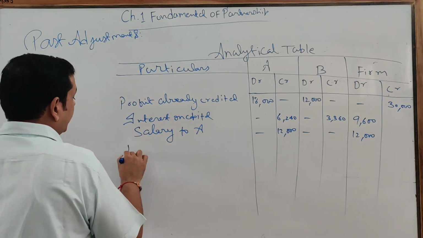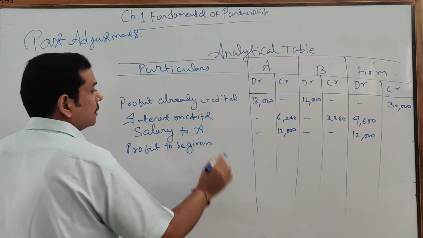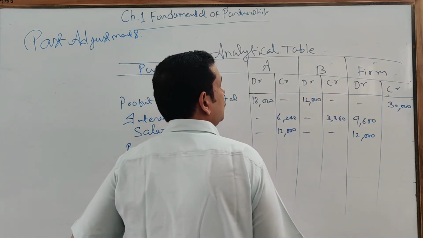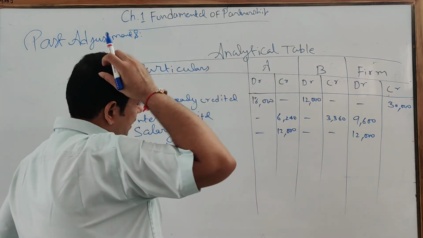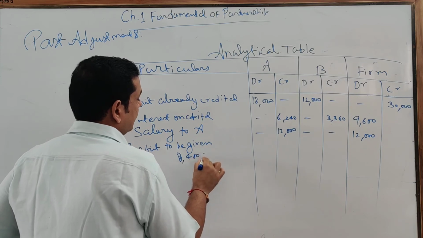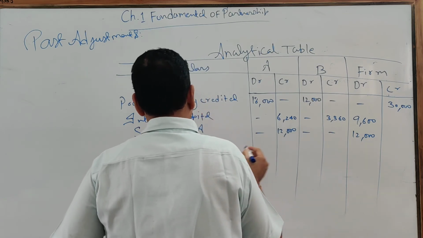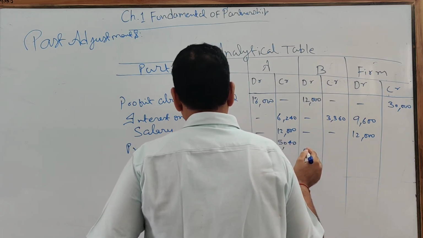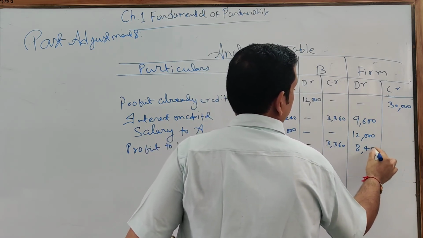Okay, now profit to be given. 30,000 minus 21,600 is 8,400. 8,400 is the remaining profit, so that will be distributed in the ratio of 3:2. That comes to 5040 and 3360.